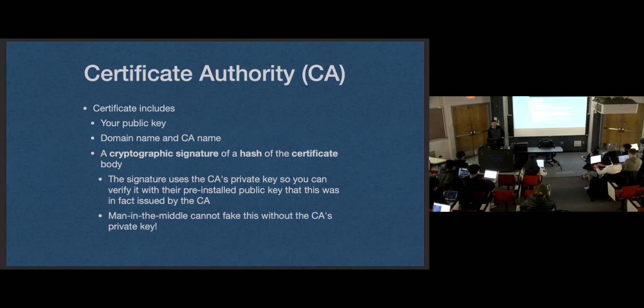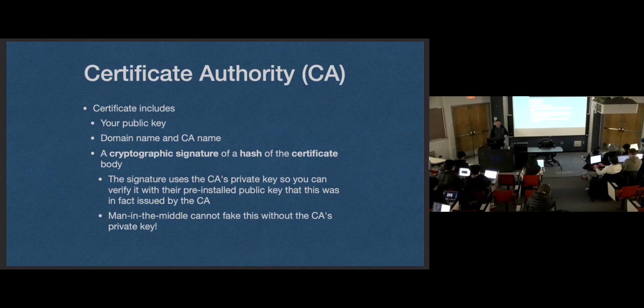So they take all the content of the certificate, which is public knowledge, they're going to hash it, and then they're going to cryptographically sign that hash with their private key. The CA private key is a value which must be kept secret, absolutely must be kept secret, or else a lot of things break. They're going to sign it with their private key, and then that signature is used to verify my public key.